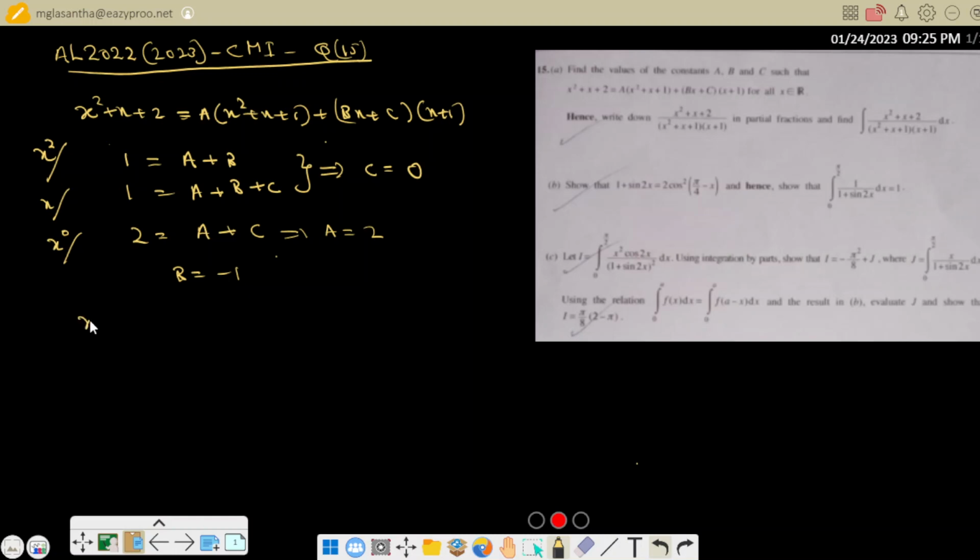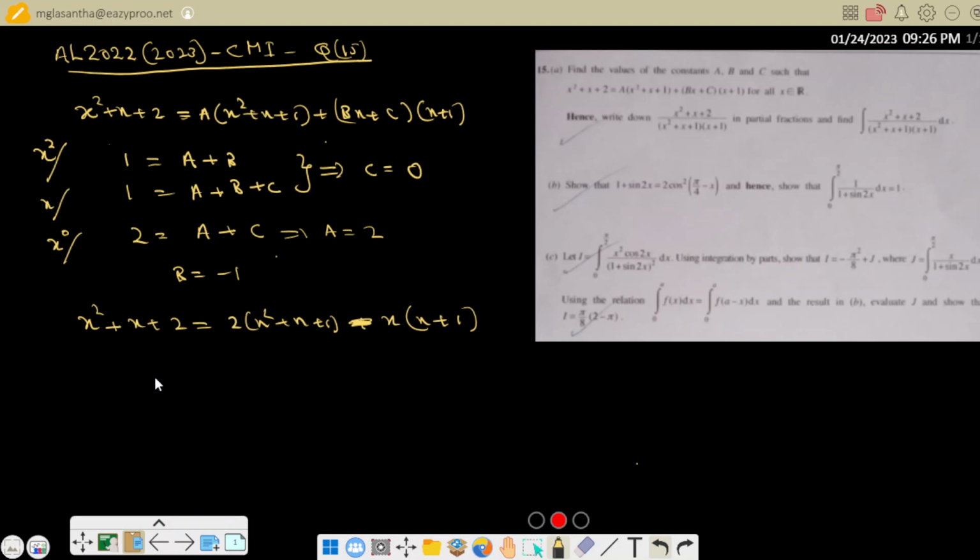Now you can rewrite the identity by substituting these constants: x squared plus x plus 2 equals 2 times (x squared plus x plus 1) minus x times (x plus 1).